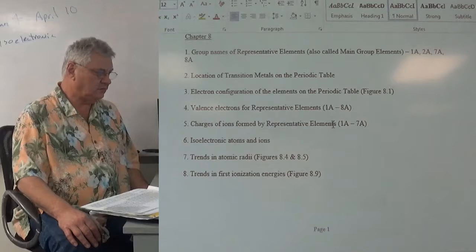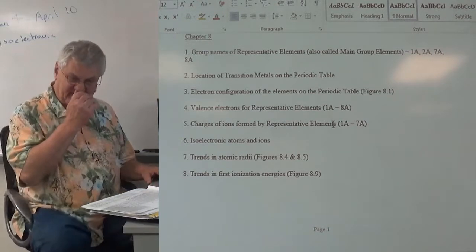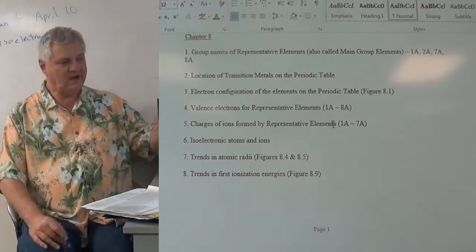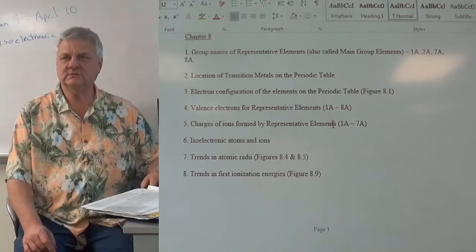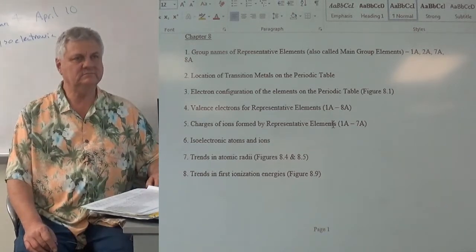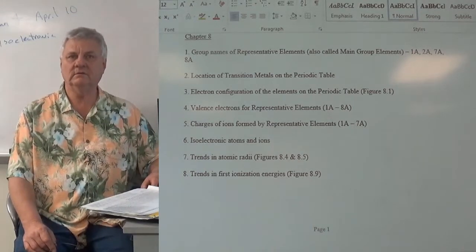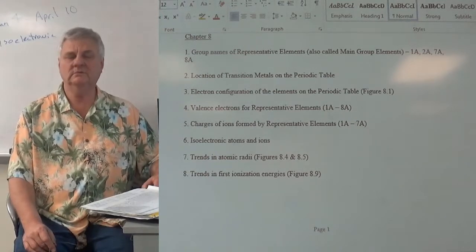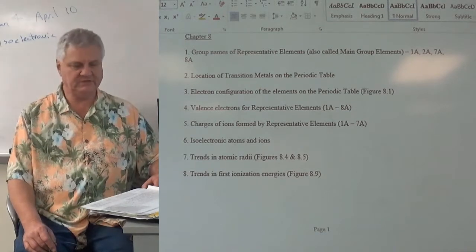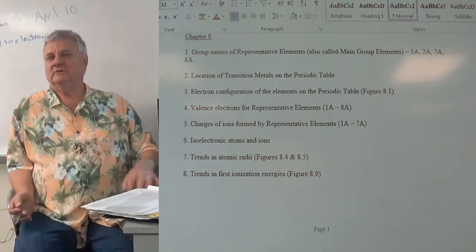We now know what isoelectronic means. Above and beyond electron configurations, if an ion and an atom have the same number of electrons, they're going to be isoelectronic. If it's a main group element, they have the same electron configuration. Now, that theory kind of broke down in the transition metals.